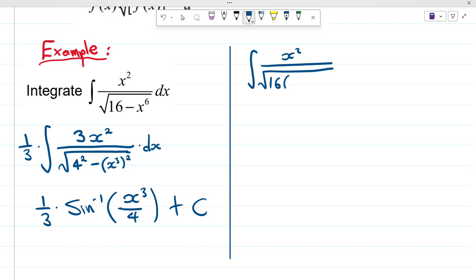So this is going to be 16 into 1 minus x to the power of 6 over 16, then the dx. I hope you can see that. So I took out 16 as a common factor. When you multiply back, this and this are the same thing.